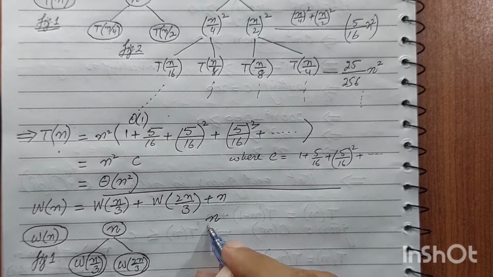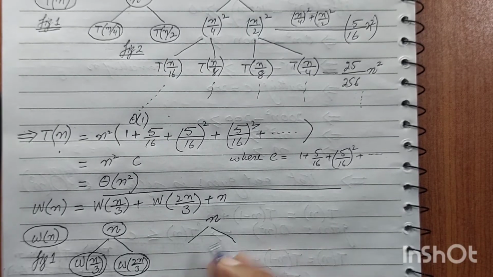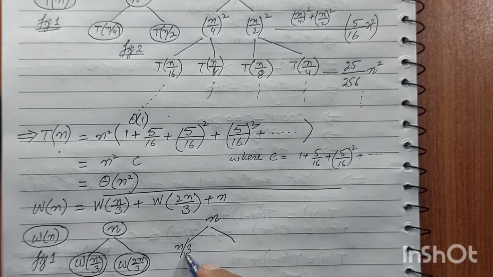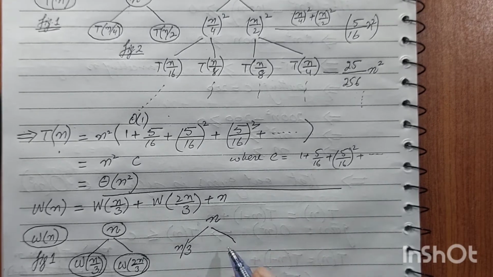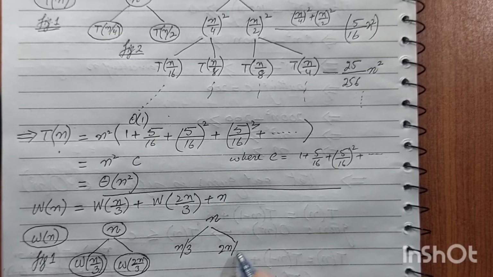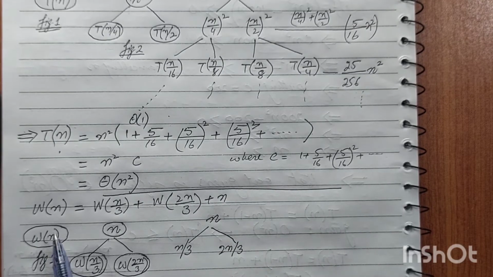So this is n, so n by 3. Just do it using the equations. 2n by 3. So we need the w of n by 3, so putting n is equal to n by 3 here, you can get this part.